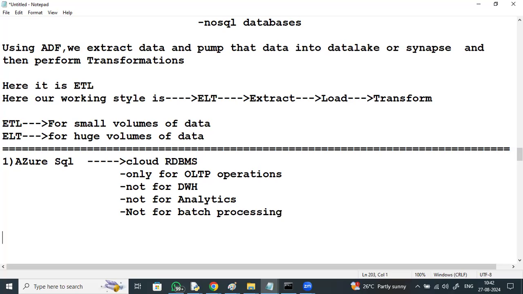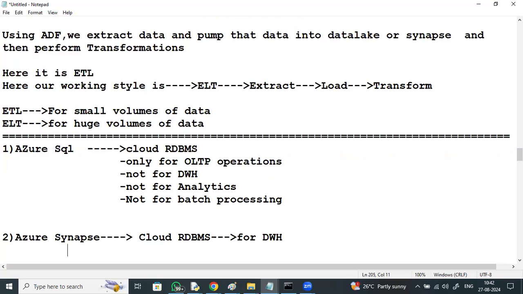Second, in the same way, Azure Synapse. We have Azure Synapse SQL Pool DB. It is also a cloud RDBMS, but for data warehouse.